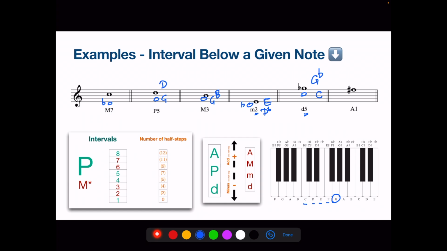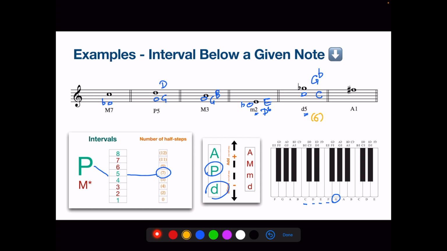A diminished fifth. Well, do we know how many half steps there are in a diminished fifth? What we do know is a perfect fifth has 7 half steps. So a perfect fifth coming down 1 half step is going to be 6 half steps, and that will give us the diminished fifth. So diminished fifth would need 6 half steps.